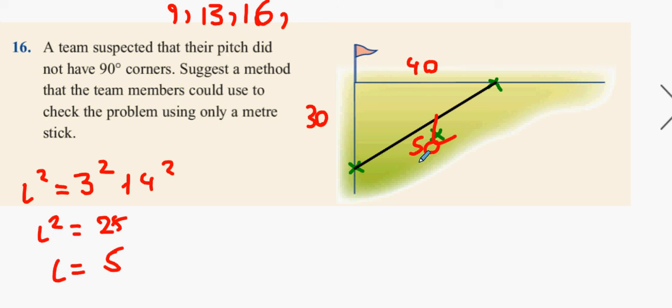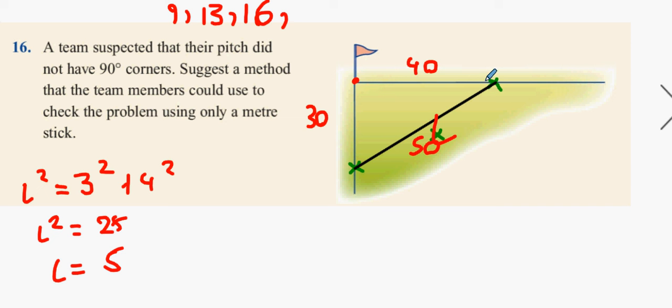And then you could do it without string. You could just do it with a marker and your meter stick. Yeah, that'd be a good way of doing it as well. So Charles' way is actually better, to be fair to him. Alright, you go to the corner, you measure 30 centimeters, you measure 40 centimeters, and then you know the hypotenuse will have to be 50.